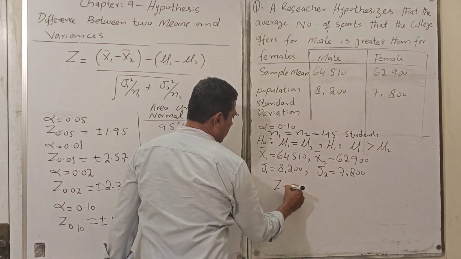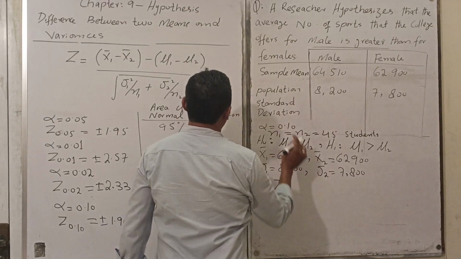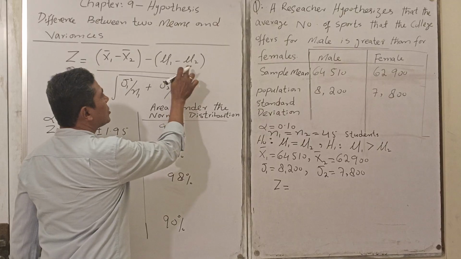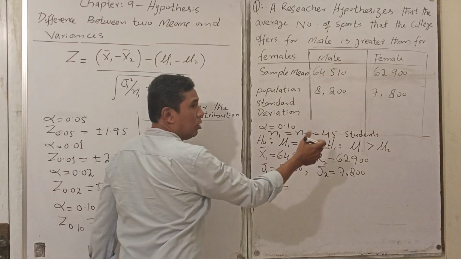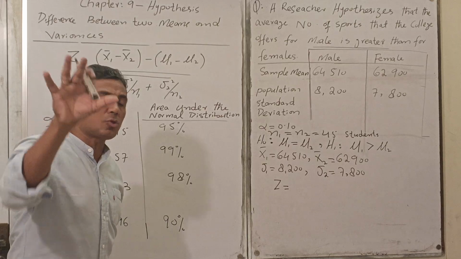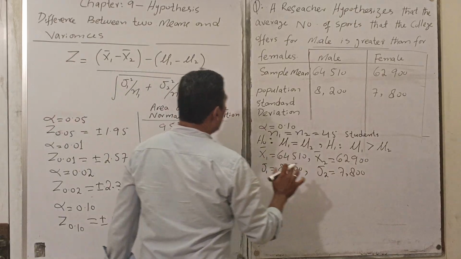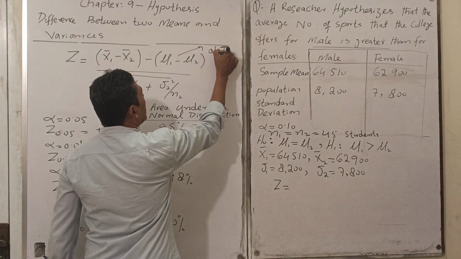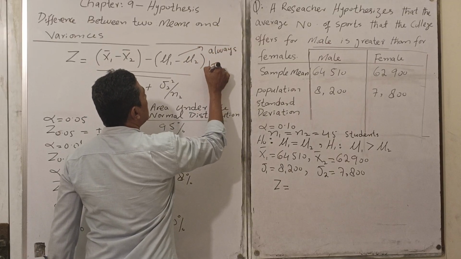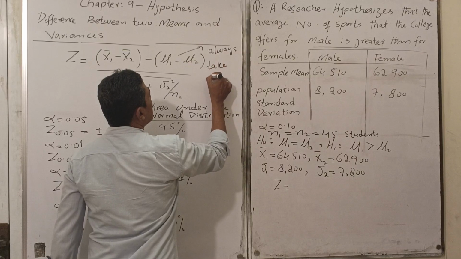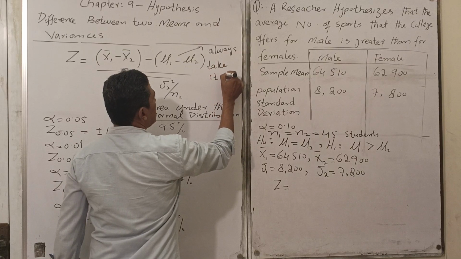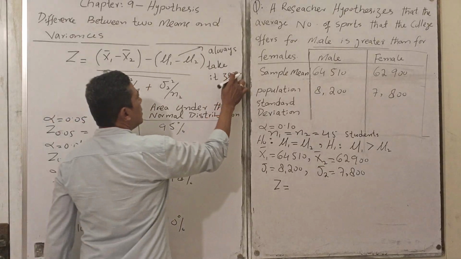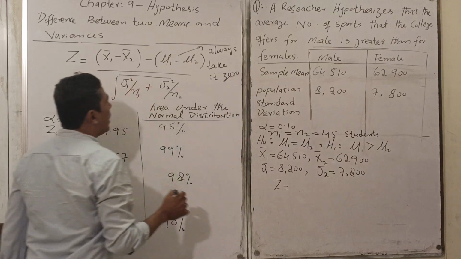So Z calculated is here. Now, this value mu1 minus mu2, because of the null hypothesis, it is always equal to 0. Always take it 0. Okay?